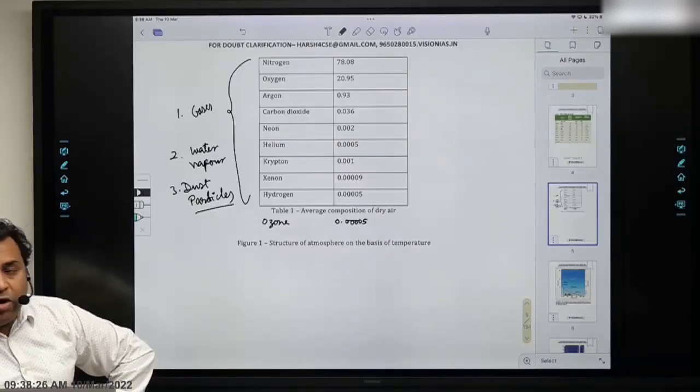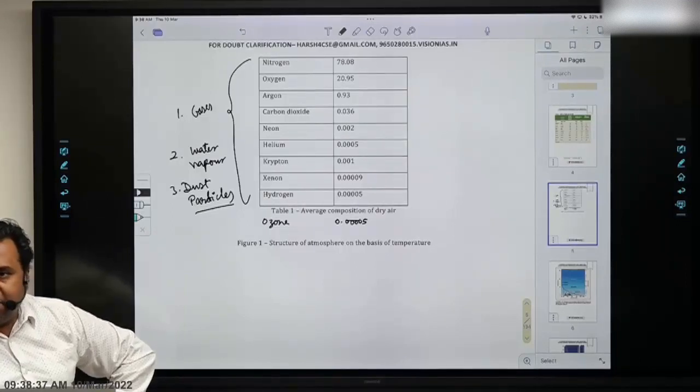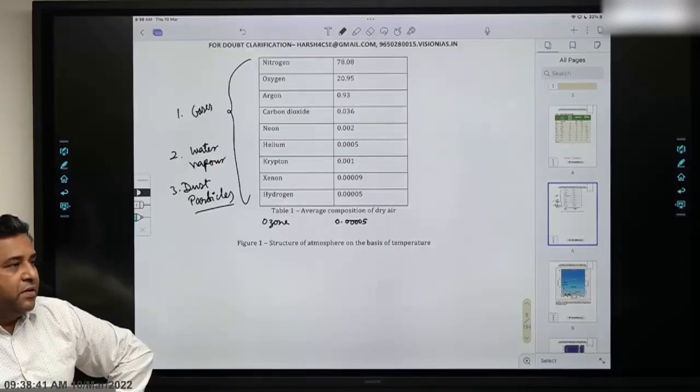But not all dust particle play a role in condensation. One group of dust particle play a role in condensation. So therefore you have to understand groups of dust particle. Any dust particle can have two behaviors. Either it can attract water or it can repel water.